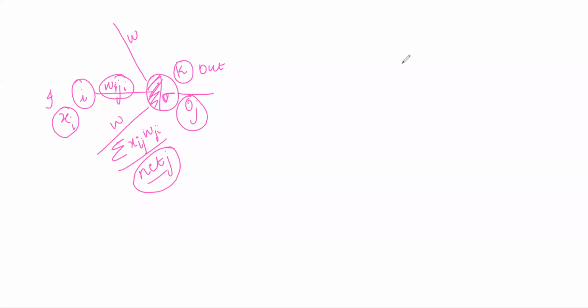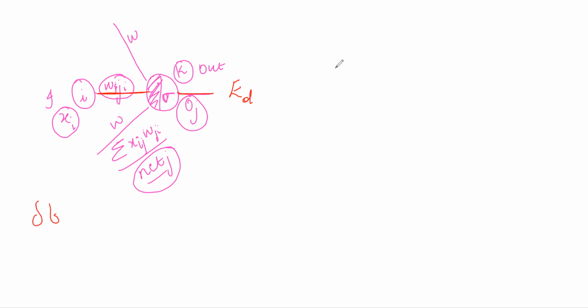Now, if we start our derivation, how do we start? If I have to backtrack from here to here, what will I basically write? Let me consider this is ED. Just check whether what I'm writing is right or not.